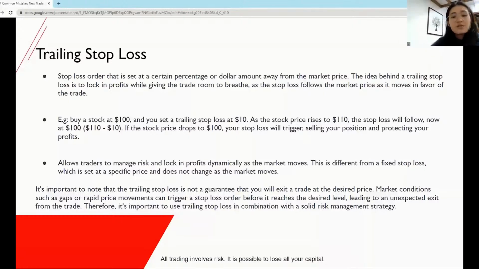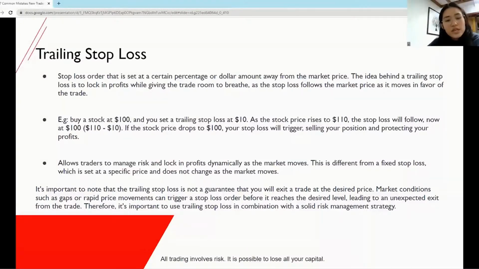Let's say you buy a stock at $100 and you set a trailing stop loss at $10. As the stock price rises to $110, the stop loss will follow, now at $100, 110 minus $10. So if the stock price drops to $100, your stop loss will trigger, selling your position and protecting your profits.